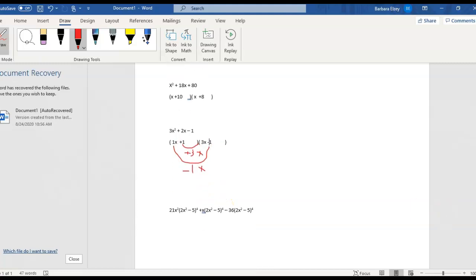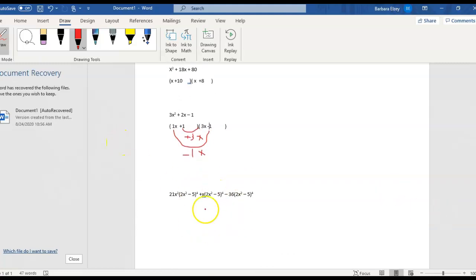Alright, now that last one. Okay, so every single one of these terms has this stuff in parentheses. So we're going to pull that stuff in the parentheses out to the front, factor it out as the greatest common factor, and I think I can just copy and paste. I can, yay!